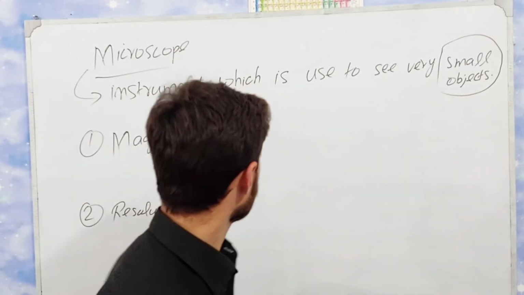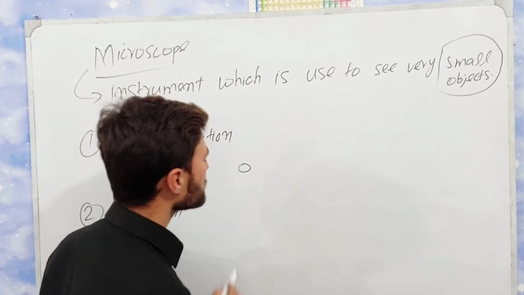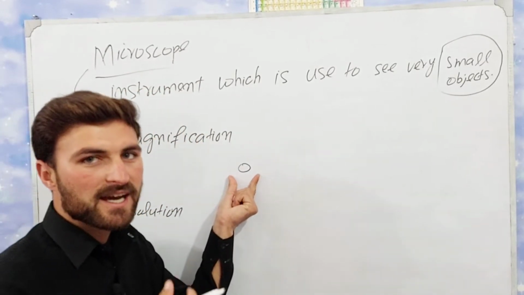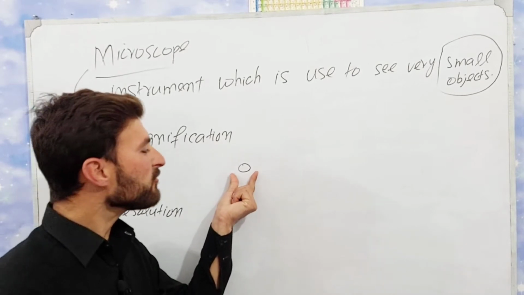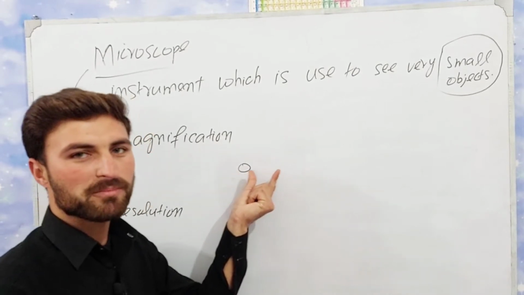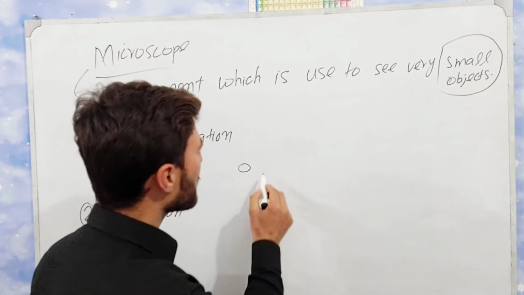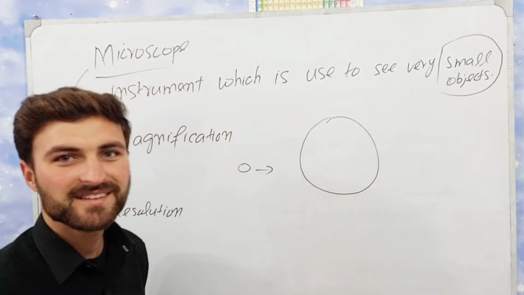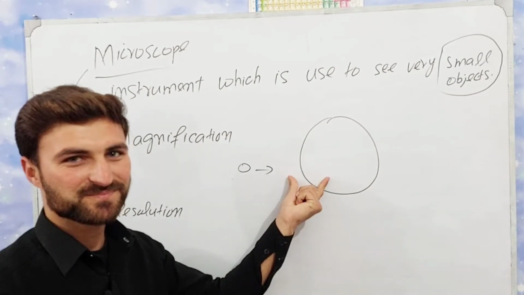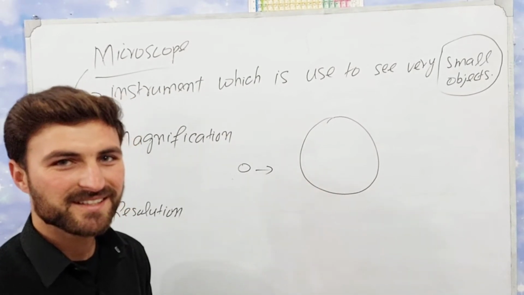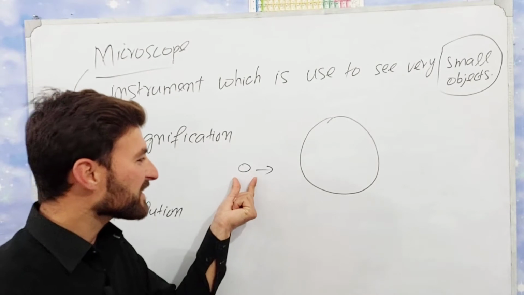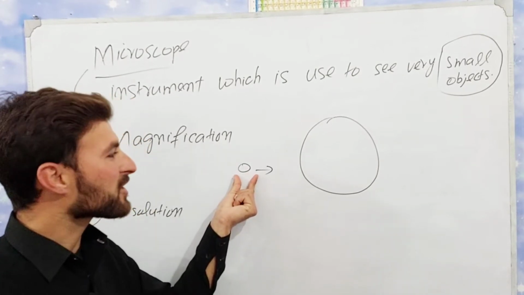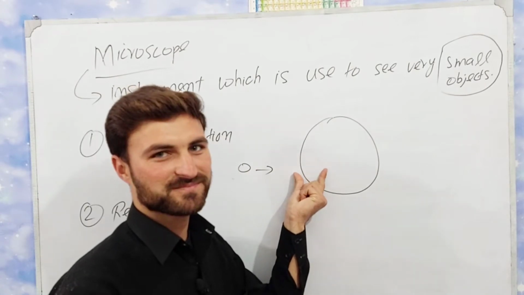Let's suppose this is an object which we see with our naked eyes. If we take this object to the microscope, it will look like this. What happened here? Basically this object became larger.